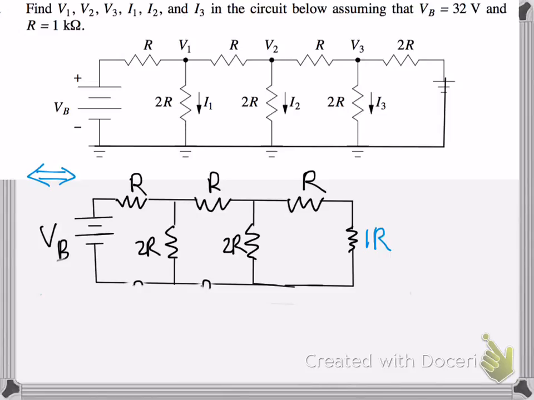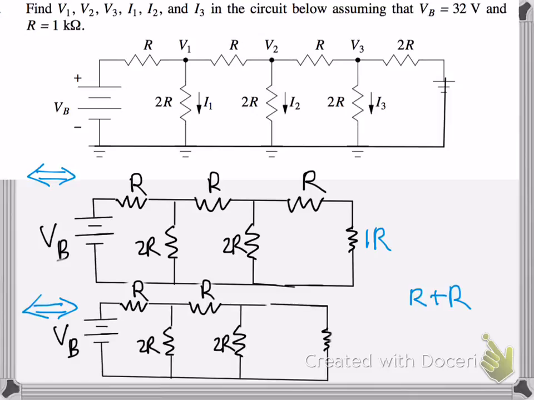Well, still looking at the far right end of the circuit, we notice that R and 1R are in series. So you can add them, since resistors in series sum, and we can make that into one resistor, which is 1 plus 1, is 2. So now we reduced our circuit even more. Let's keep going. Just like before, we have 2R in parallel with 2R at the back there.